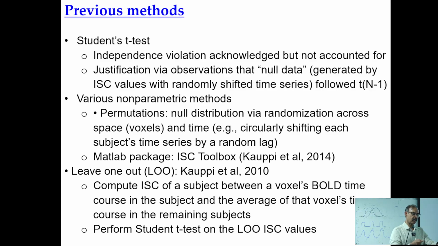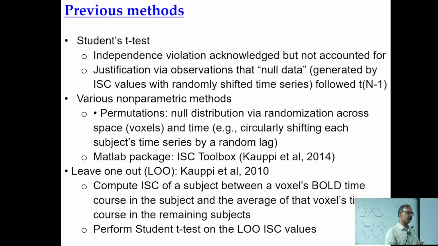In that case, leave one out is also very commonly used now in machine learning, where you build a model and then test by taking one subject out and redoing it many times. So these are many different ways in which we can perform group analysis, right? The simplest is to do a t-test. As the data structure becomes more complex, you can use ANOVA, linear mixed effect model, right?